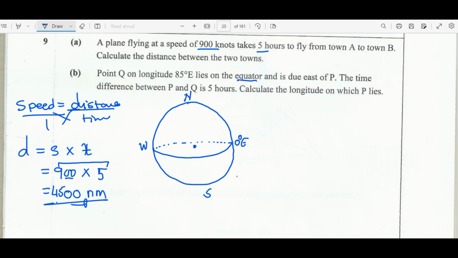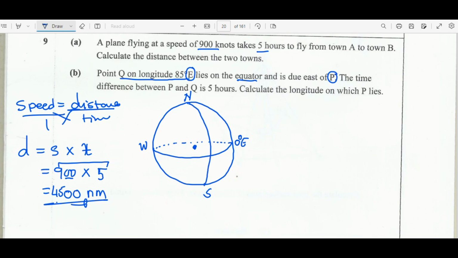Now we'll put this point as our center. Q is on longitude 85 degrees east, so it is going to be on the east part of our diagram, and it is due east of P. So P is somewhere here. P should be closer to the prime meridian.